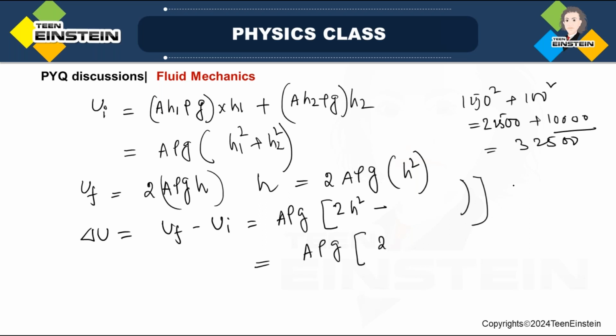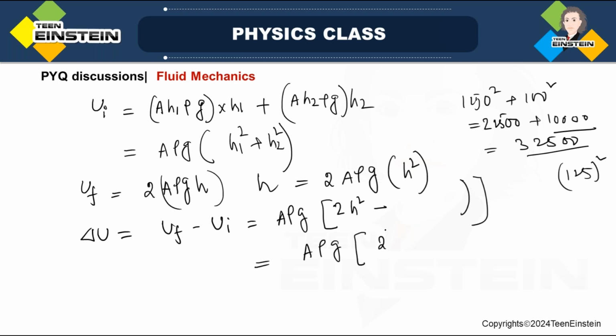Yes, this is the number, and the other number is 125 whole square. 125 whole square we have to get. So this is into 2.